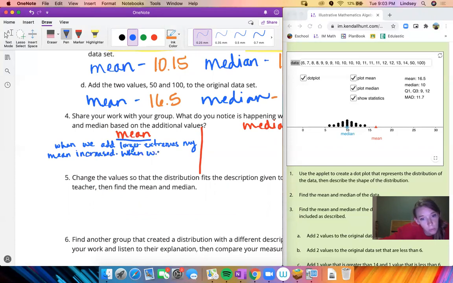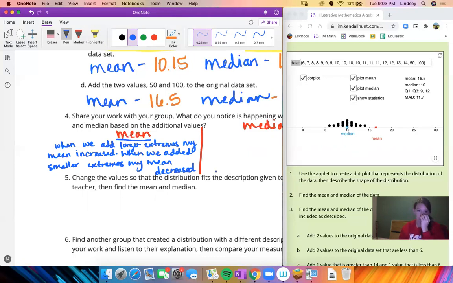And when we added smaller extremes, my mean decreased.